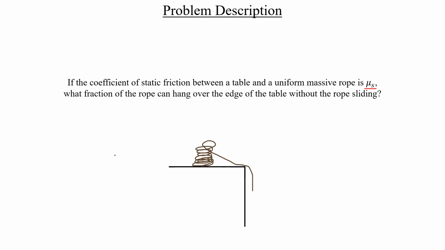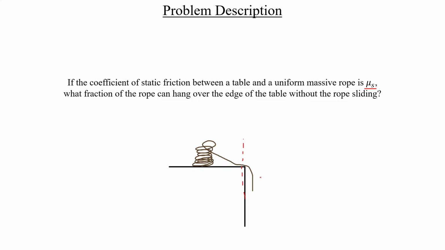So naturally the question is, what are we supposed to do here? I would recommend thinking of the entirety of this rope as being broken up into two parts, like this. One part is the portion of the rope that's still sitting on the table, and the other part is the portion of the rope that's hanging off the edge.